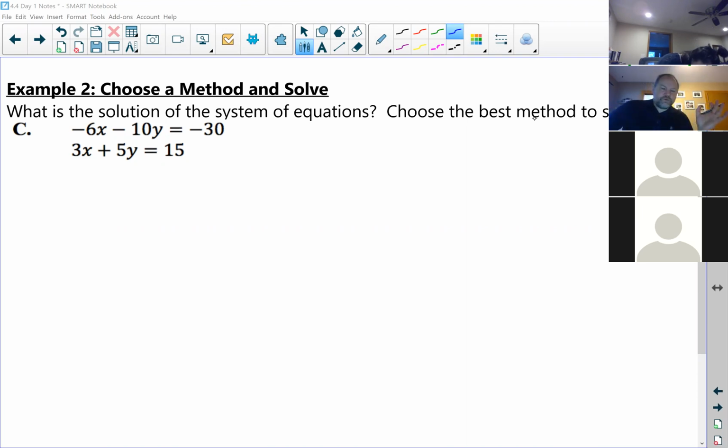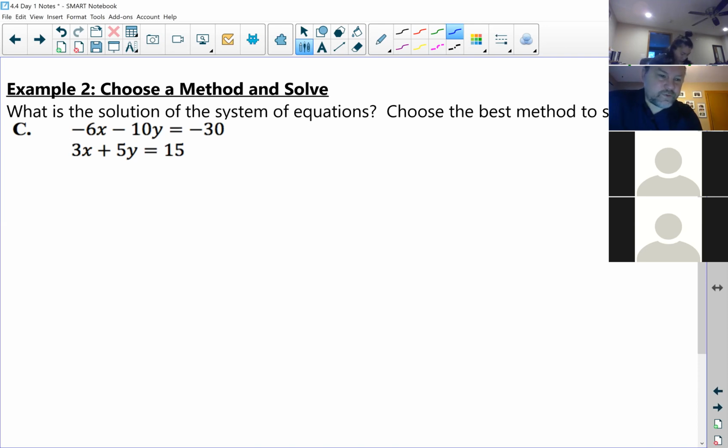So if I'm going to use elimination, the first thing I want to look for, do I have exactly opposite coefficients? And I don't have exactly opposites. Can I multiply to get opposites? Well, if I look at my second equation, if I take that 3 and multiply by 2, I'll get an opposite there. I'll have positive 6x, which would be the opposite of the negative 6x in the top equation.